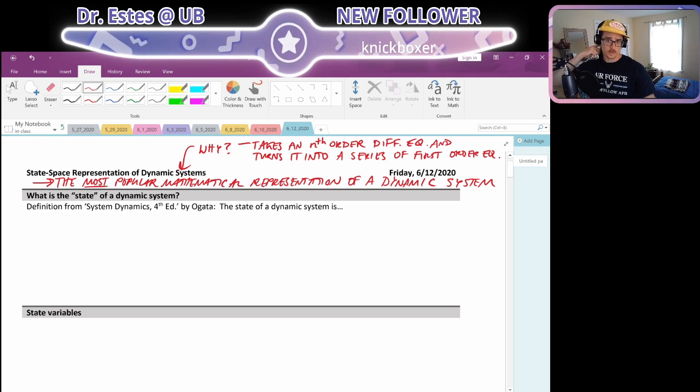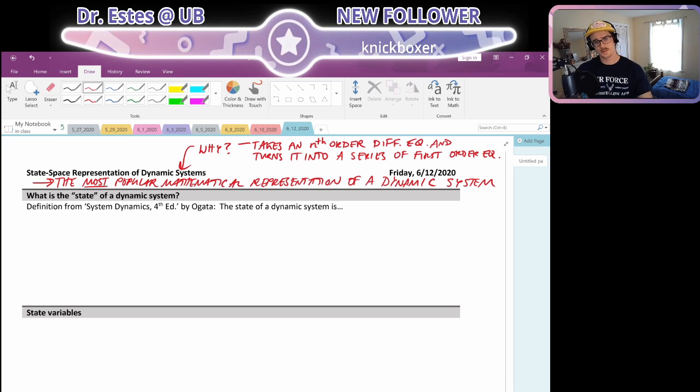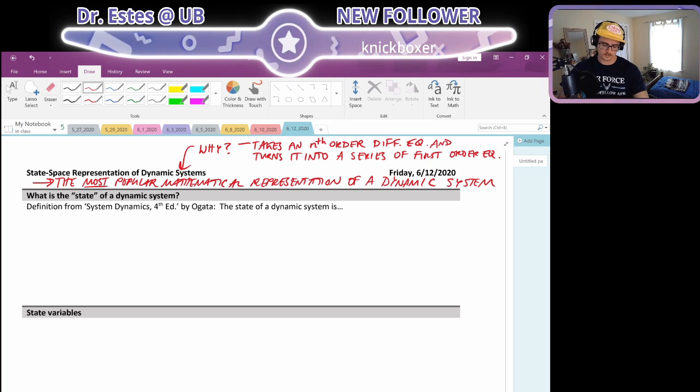And first order equations are easier to deal with than an nth order equation.